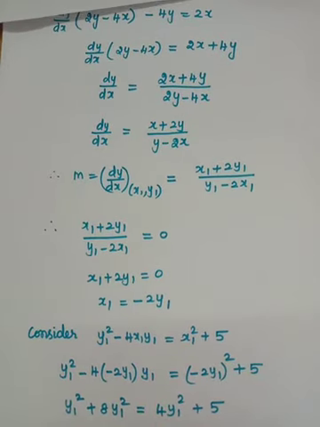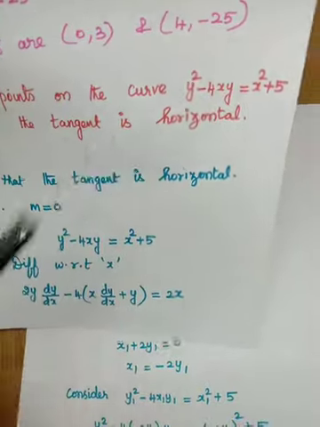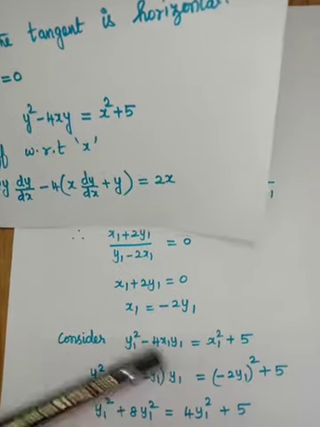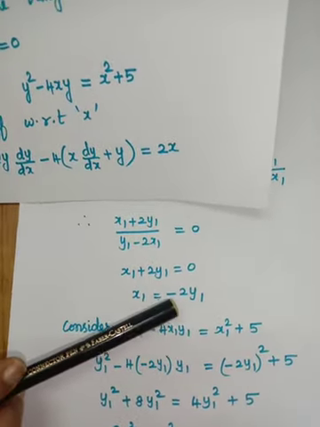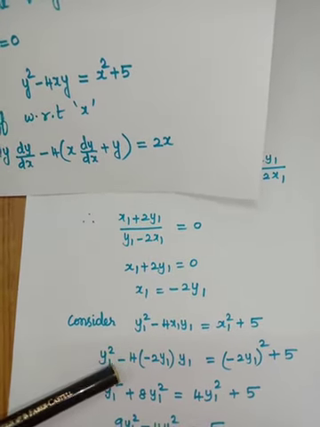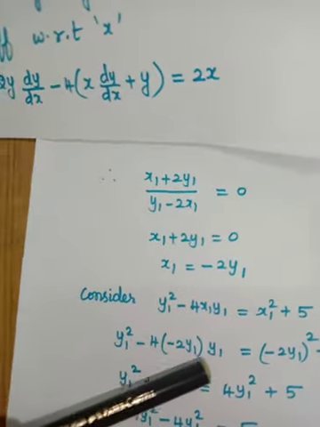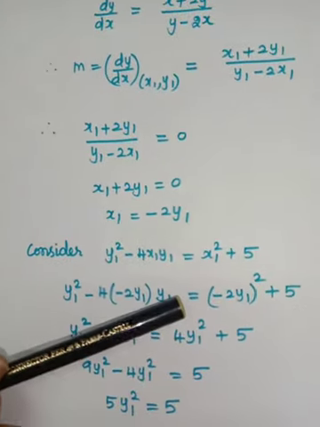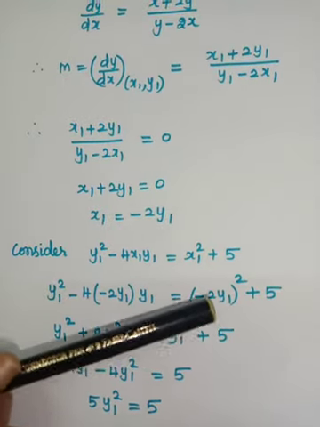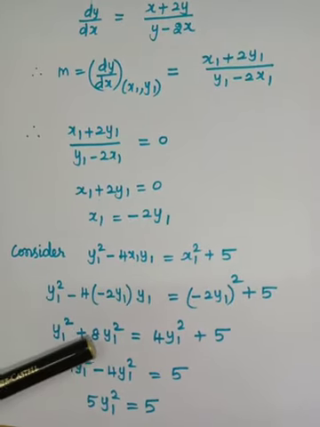x1 and y1. You consider the curve and write in terms of x1, y1 and substitute x1 as minus 2y1 in that. So y1 squared minus 4 into, in the place of x1 you substitute minus 2y1 into y1, which is equal to minus 2y1 the whole squared plus 5. So it will be 8y1 squared.